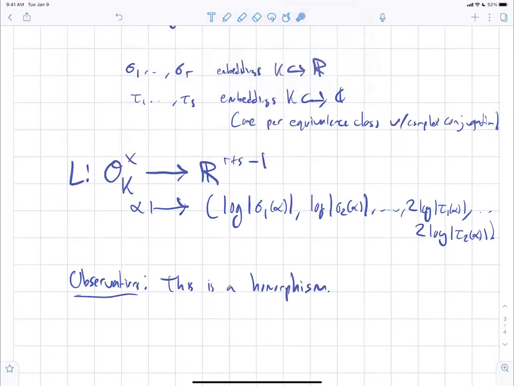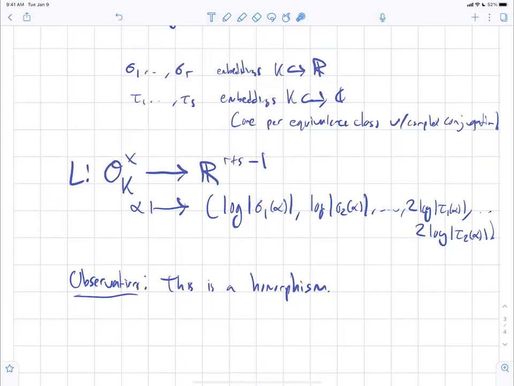Why is this a homomorphism? Just check each coordinate. The embedding sends O_K cross to R cross, taking the absolute value sends R cross to positive real numbers under multiplication, and then taking the logarithm turns multiplication into addition. That's why we have something additive over here.